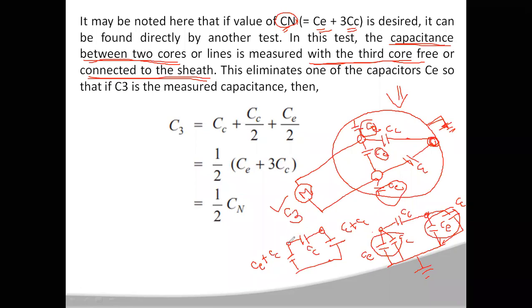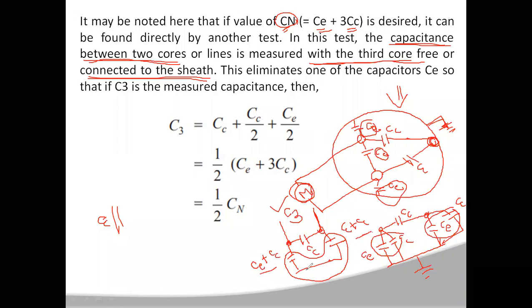Now you are connecting your measuring meter between these two cores. So this CC will be in parallel with the series combination of these two, CE plus CC and CE plus CC.